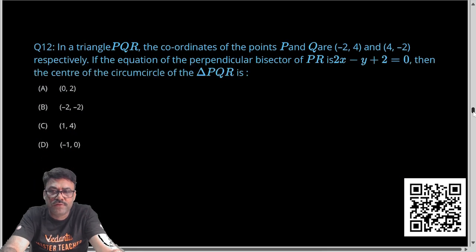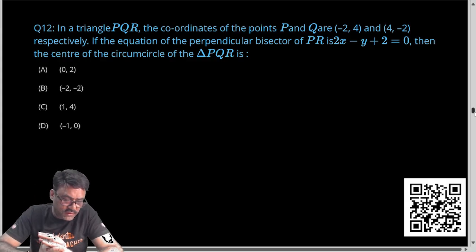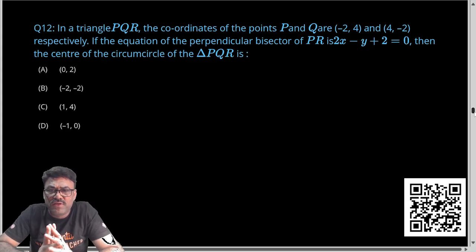Let's see the next question. In the next question, they are saying that PQR is a triangle, and P and Q are given as (minus 2, 4) and (4, minus 2).